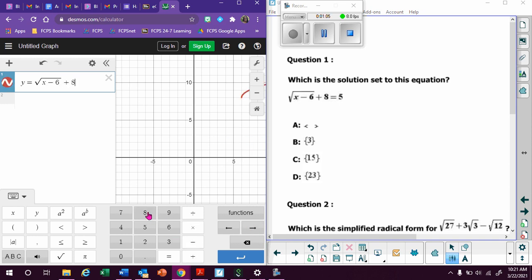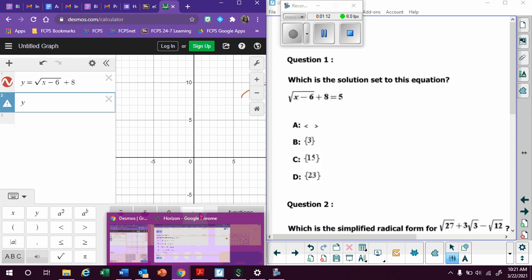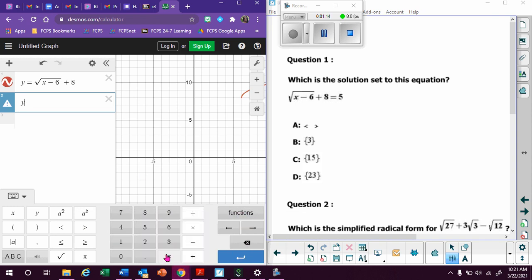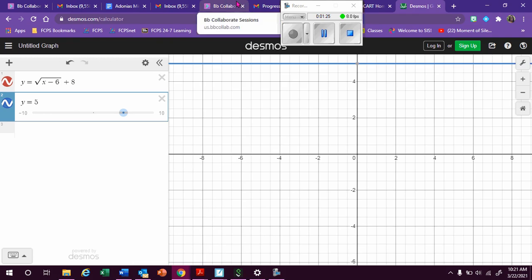Plus 8. And then the next equation will be y equals 5. Sorry, sneezing. So I got the two graphs together, and then where the two intersect will be your solution.